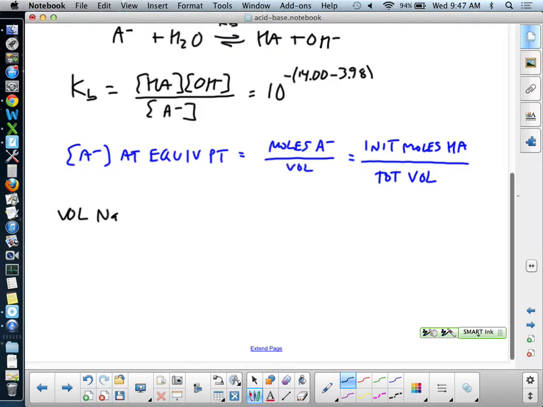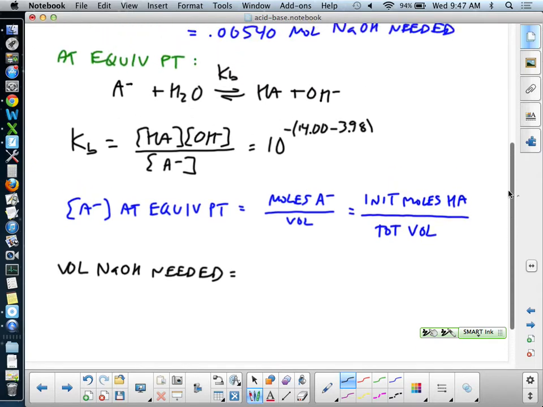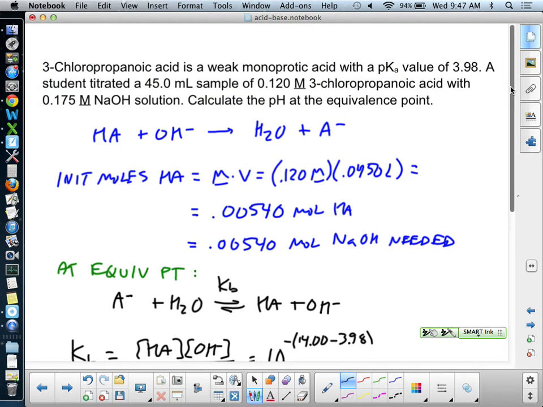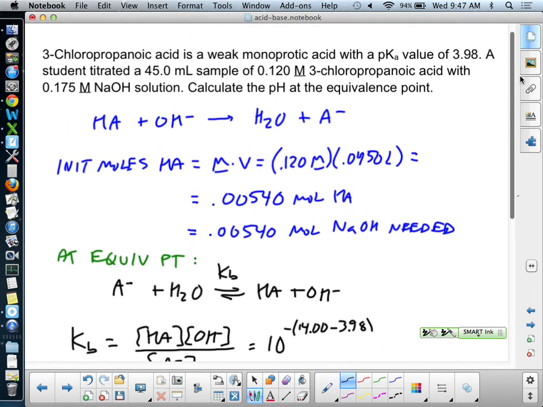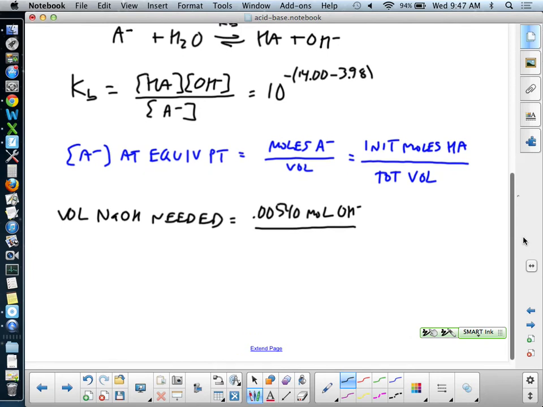So the volume of sodium hydroxide solution needed is simply equal to the moles of sodium hydroxide needed, which we said are equal to the initial moles of HA, 0.00540, divided by the concentration of hydroxide, which is 0.175 molar.